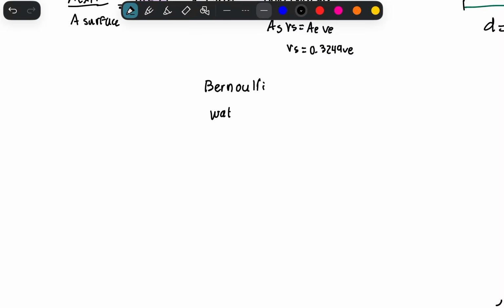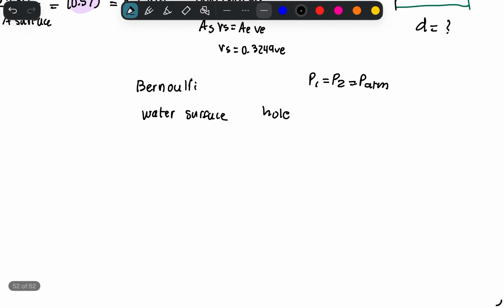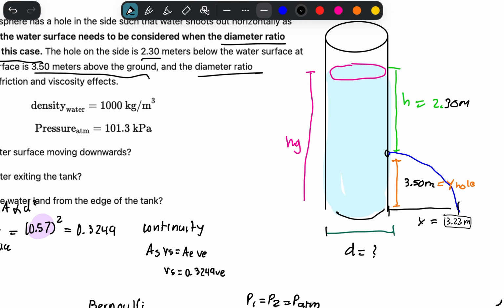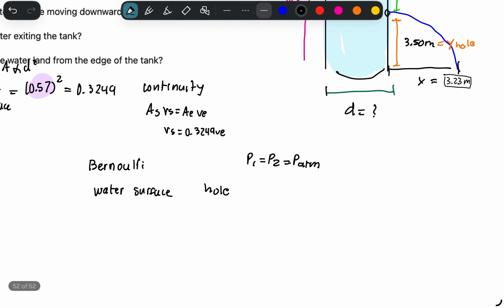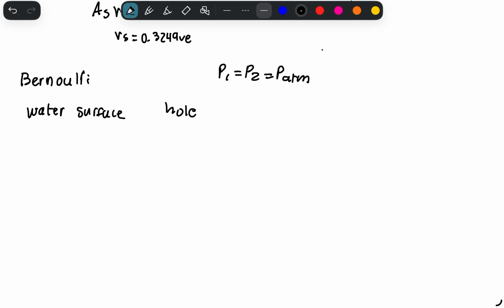So that's water surface, and then hole. P1 equals P2 equals PATM because of the exposure to the surface. This is an open to the surface tank, so that means that pressure cancels.